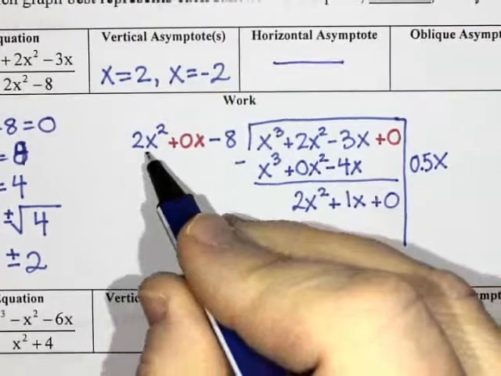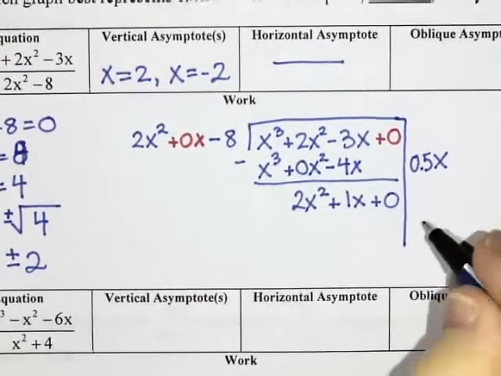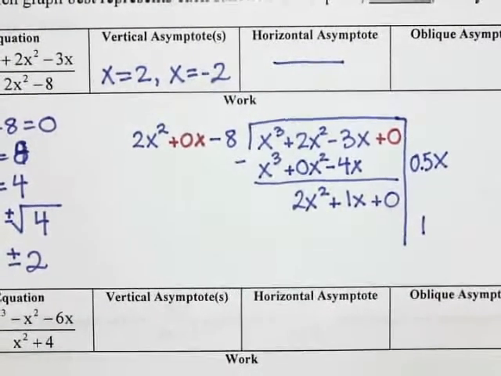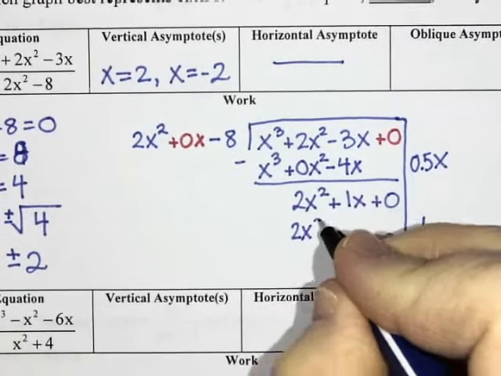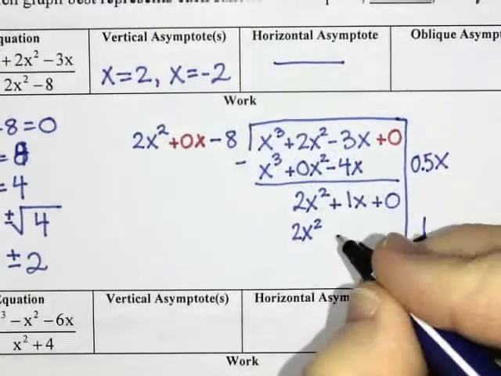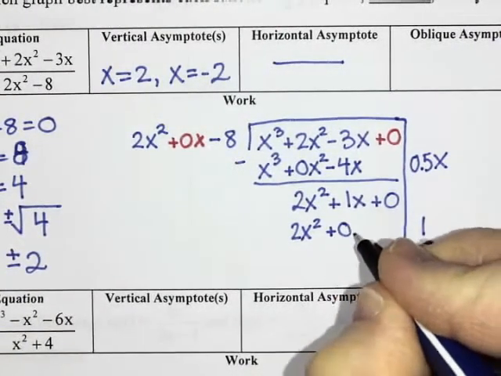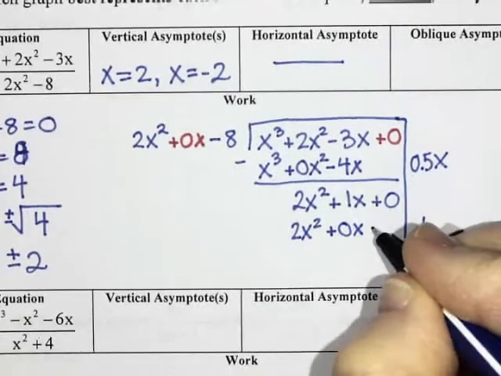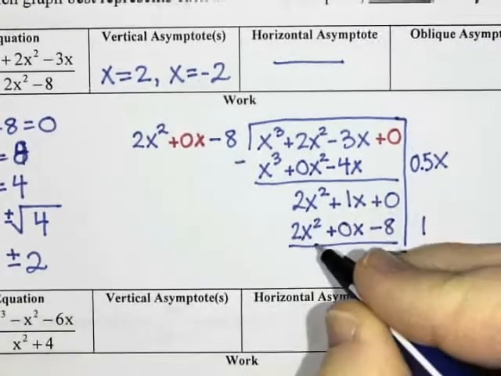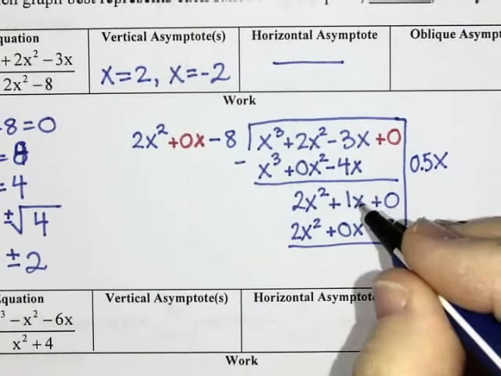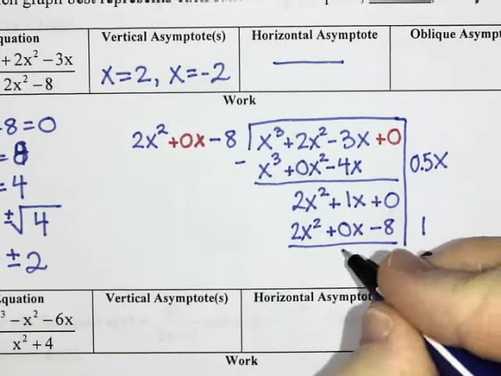All right, how do I turn a 2x squared into a 2x squared? We multiply by 1. So 2x squared times 1 is 2x squared. 0 times 1 is 0x. And negative 8 times 1 is negative 8. 2x squared, take away 2x squared is 0. 1 take away 0 is 1x.